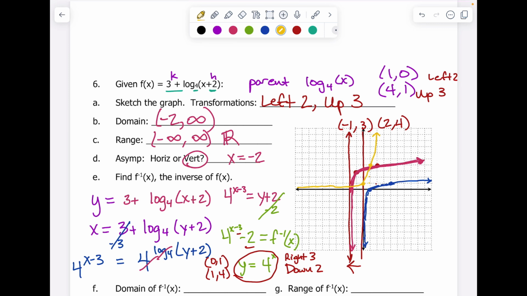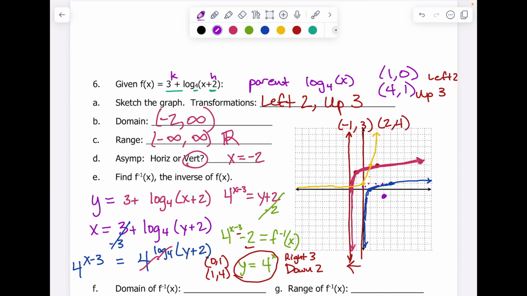But now we have to transform this yellow graph. So we have to take the 2 points that we are kind of basing everything off of, and we have to move them to the right 3, 1, 2, 3, and down 2.